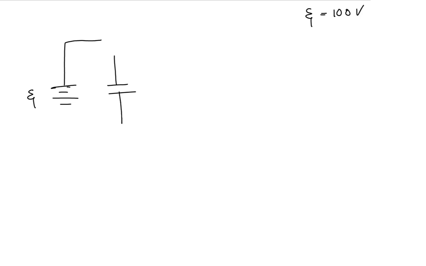I'm going to just draw it like this. This capacitor has capacitance C1, and we have a switch that can go back and forth between two parts of this circuit. The second part of this circuit has two additional capacitors.